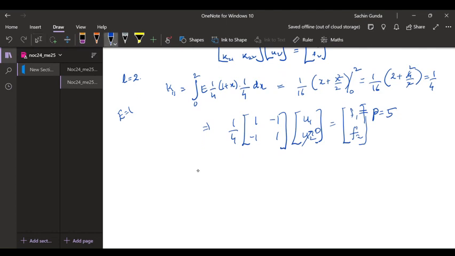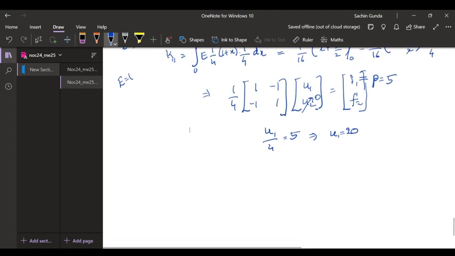u1 by 4 is equal to 5, so u1 is equal to 20, and u2, which is already a boundary condition, is 0.